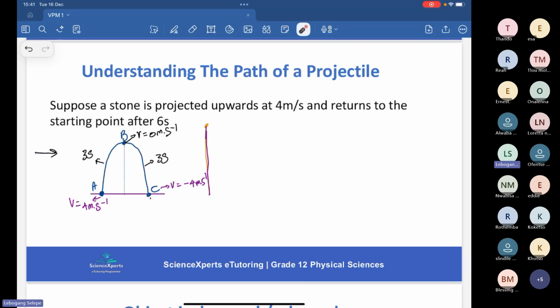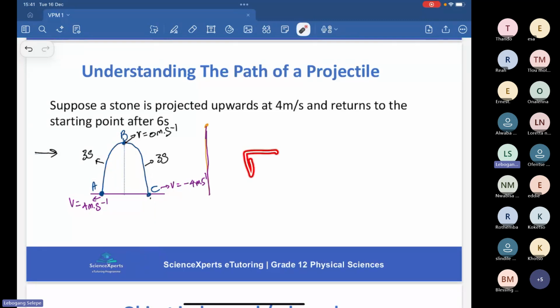Or sometimes it can be thrown from here, then it gets to B. Then when it was supposed to go back down, maybe they catch it somewhere there, right? So they can always cut it into bits and pieces. It doesn't always have to be a full graph like this. Or sometimes it can be something like this, then continue down further, right?